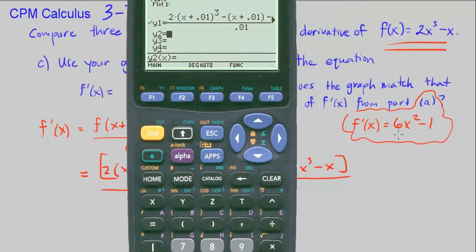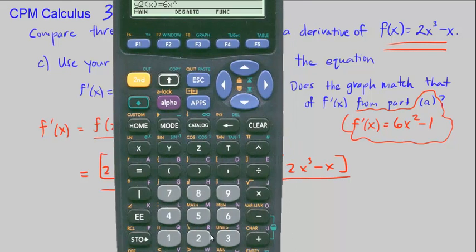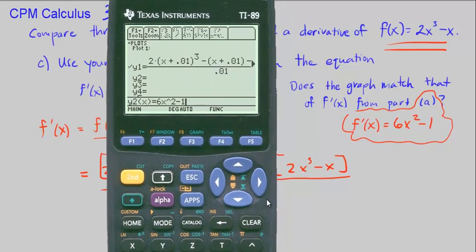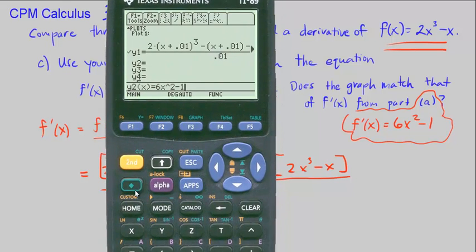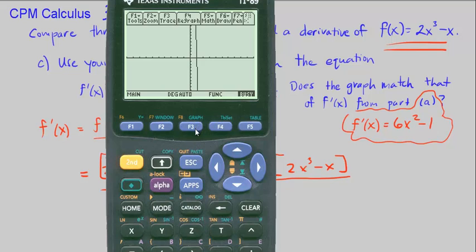Well, what is this going to look like? It's supposed to look like a parabola minus 1. So it's supposed to look like 6x squared minus 1, right? That's what we're checking out, that's what we're comparing it to. So let's graph both of these together. Okay, so that looks like what I expect.